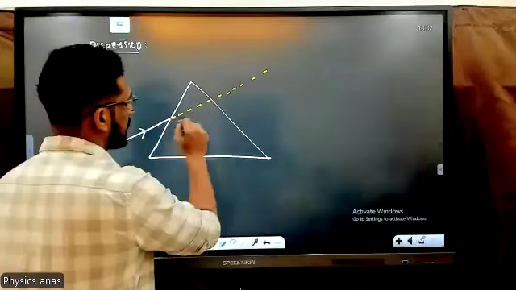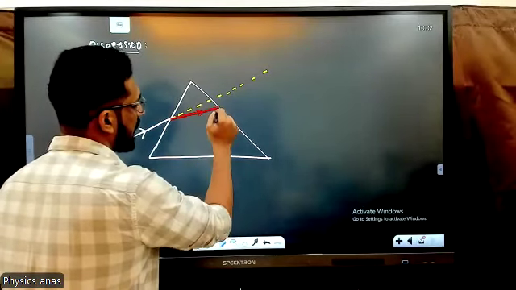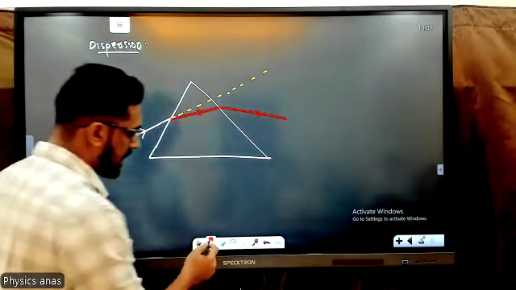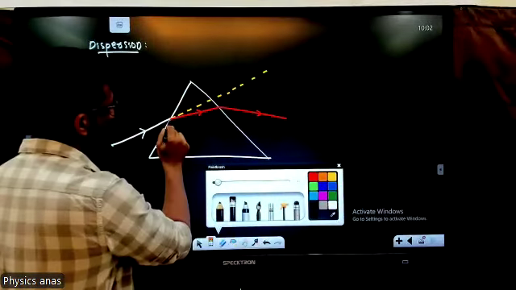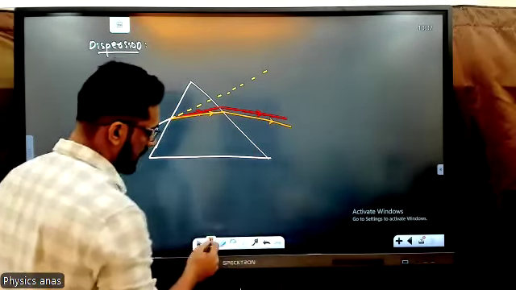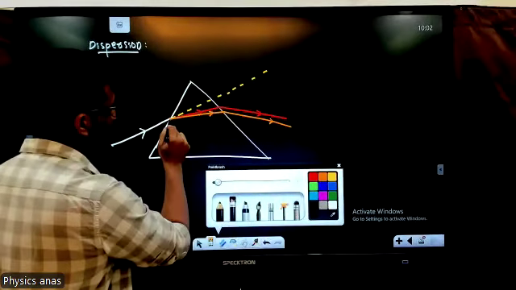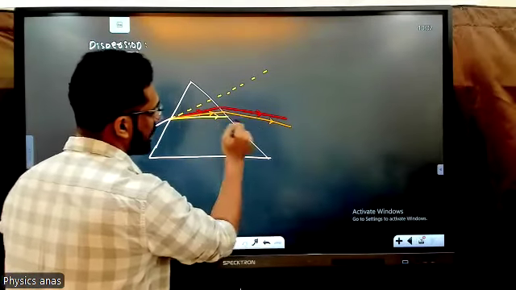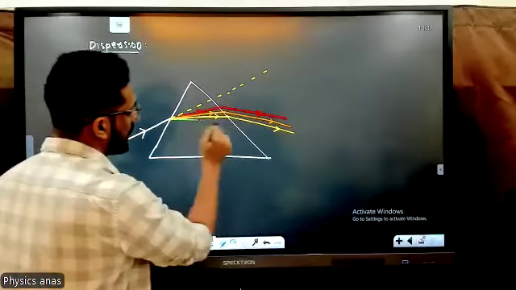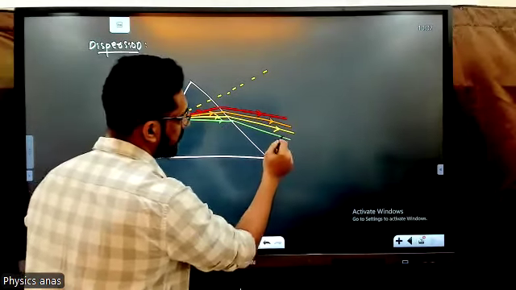First, there is a red color. The light is splitting, and you will get a red color here. Then there is orange. Then yellow. Then green.